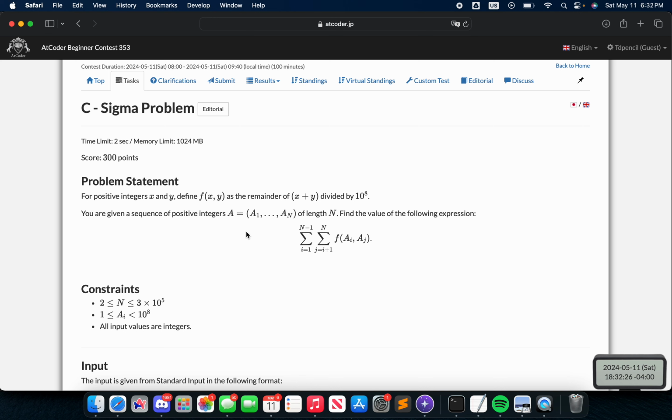Anyway, so to do this without exceeding the time limit, which is just 2 seconds, with n equal to 3 times 10 to the 5, you can actually sort this array and then do a binary search for the index where you start to exceed the 10 to the 8 limit, and where you don't exceed it.